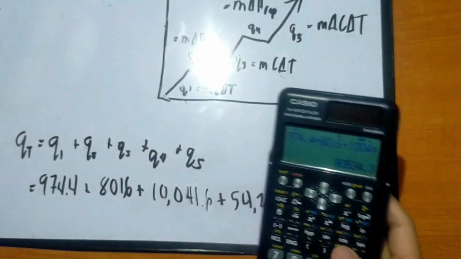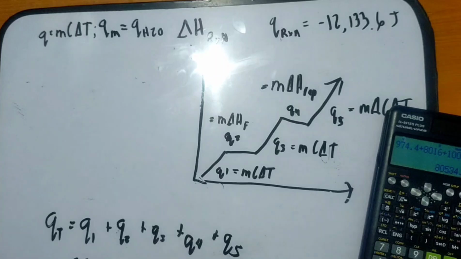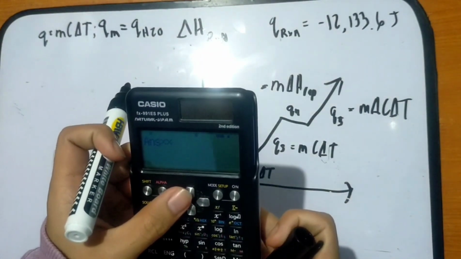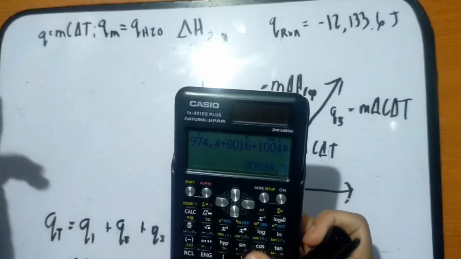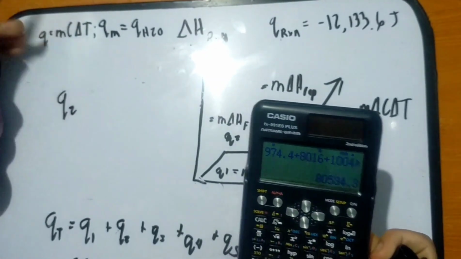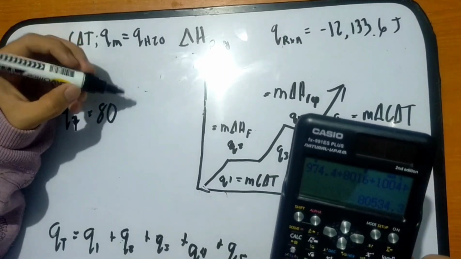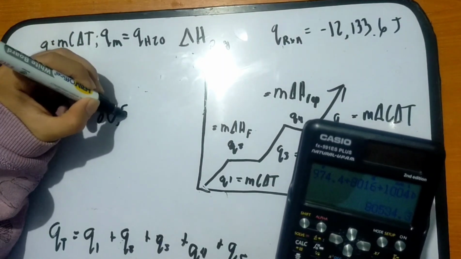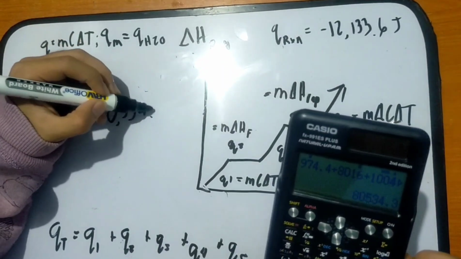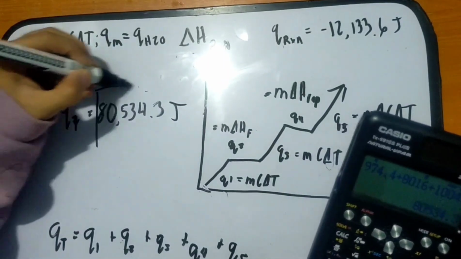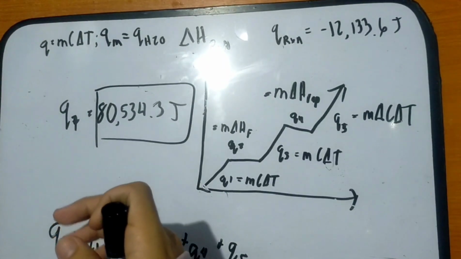So, our energy in total is QT, kita pa? QT is equals to 80,534.3. So, that is the heat na kinakailangan sa problem.